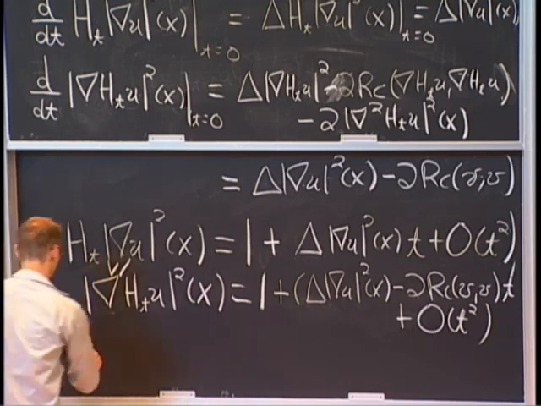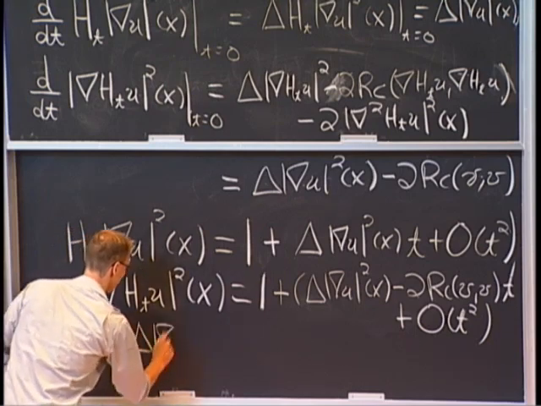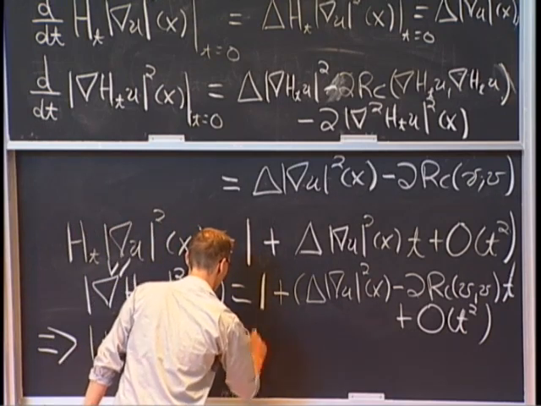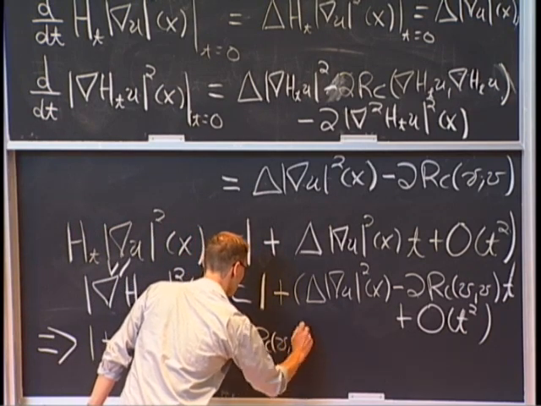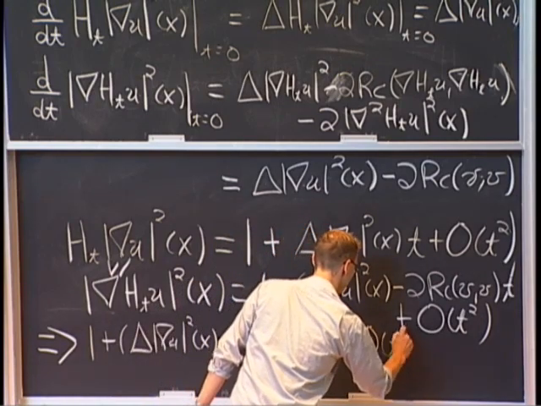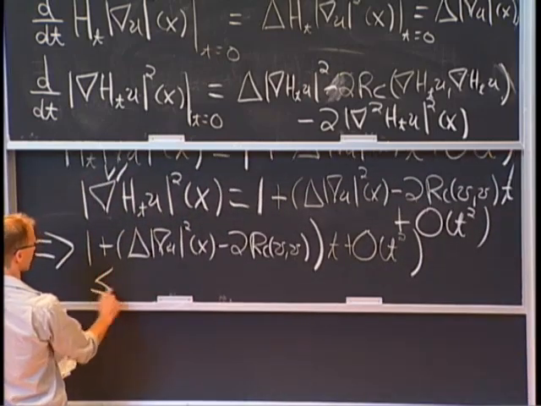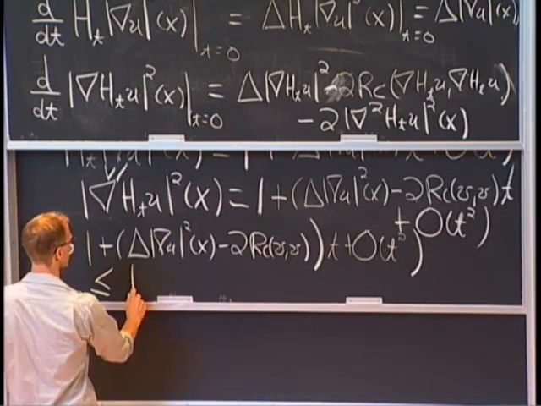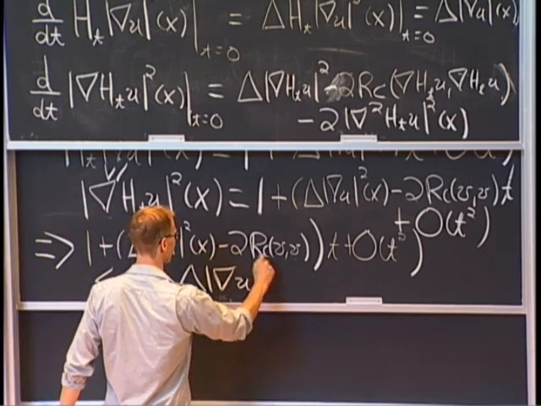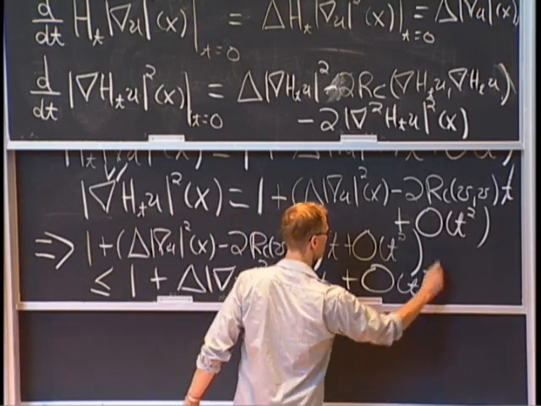This implies that 1 plus the Laplacian of the gradient of u squared at x minus 2 Ricci vv times t plus O of t squared is less than or equal to 1 plus the Laplacian of the gradient of u squared at x times t plus O of t squared.